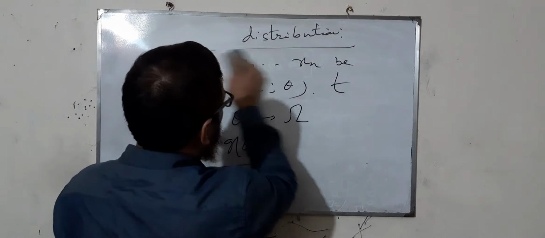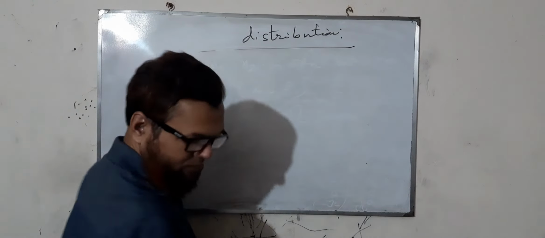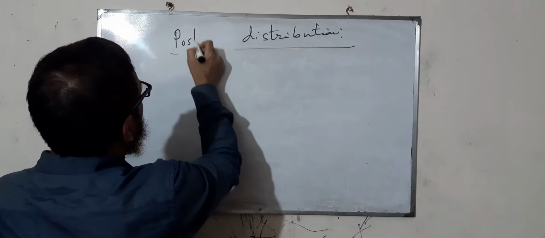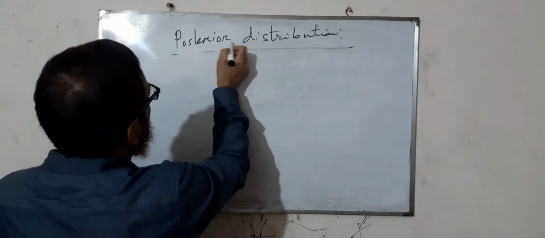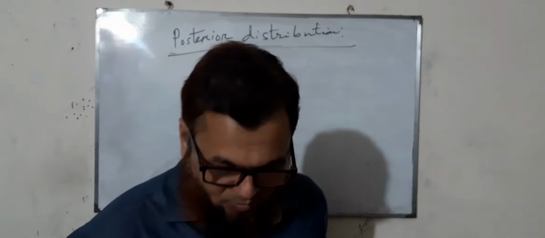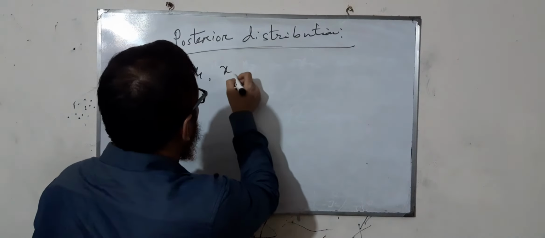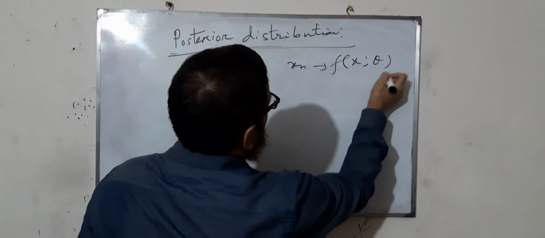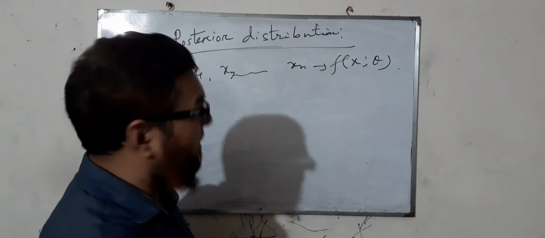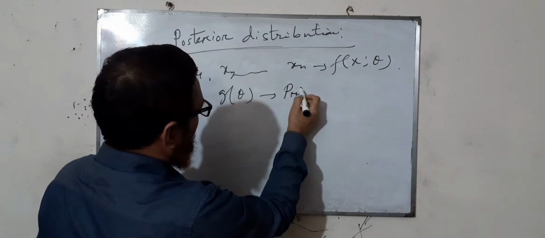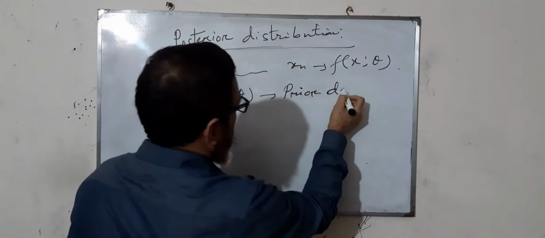Next, posterior distribution. Let x1, x2, ..., xn be a random sample of size n from the density function f(x, theta). Let g(theta) be the prior density function.